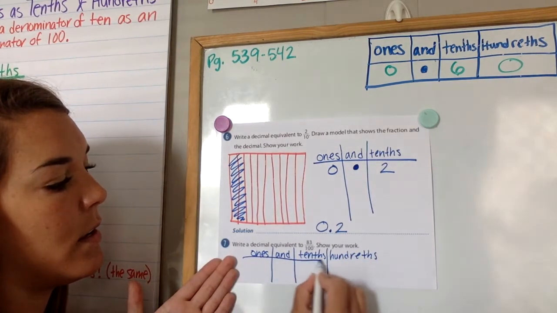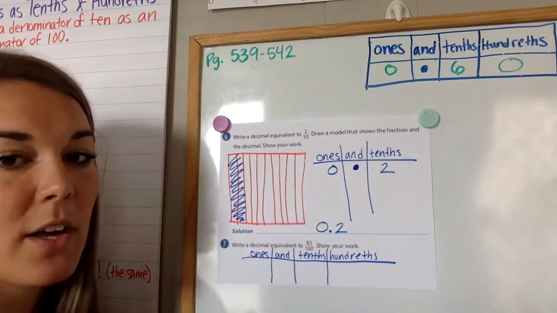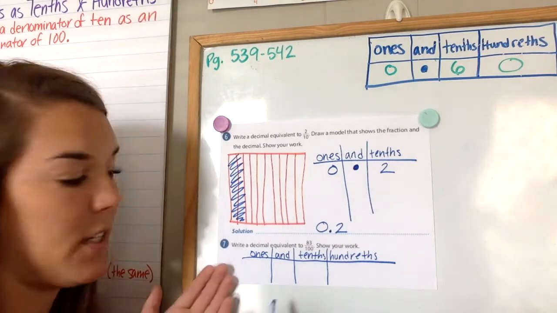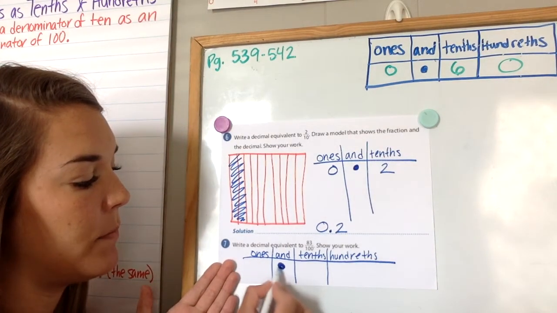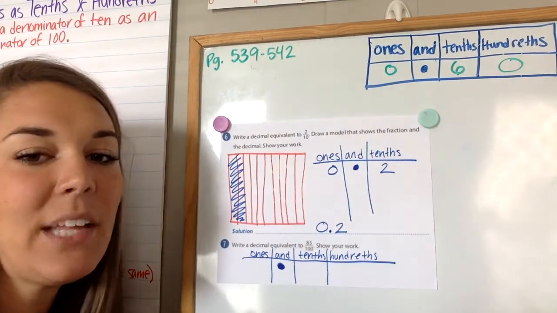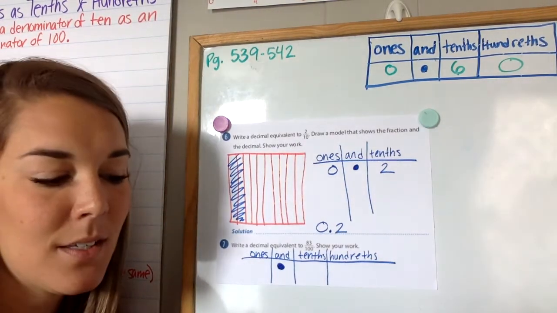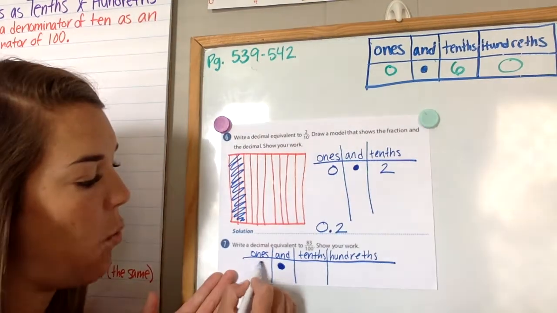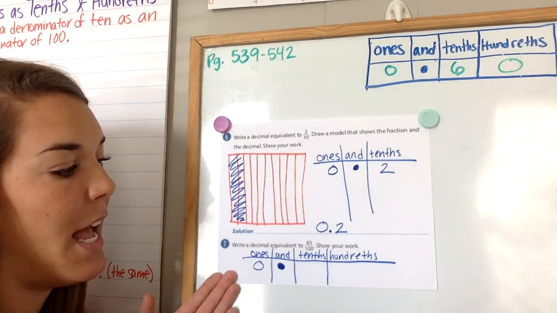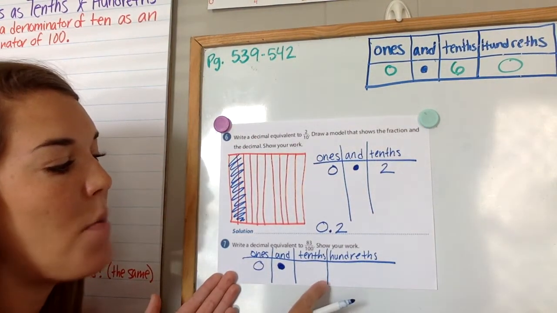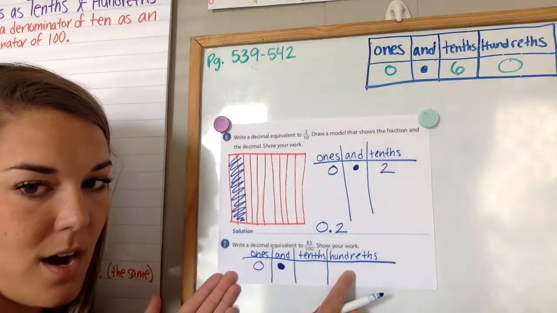Okay? This is my place value chart. The first part's easy. I already know and means decimal, right? Now it's 83 hundredths. That's less than 1. So are there any ones? No. No 1. So it's 0. And now we have to write in how many hundredths are there.